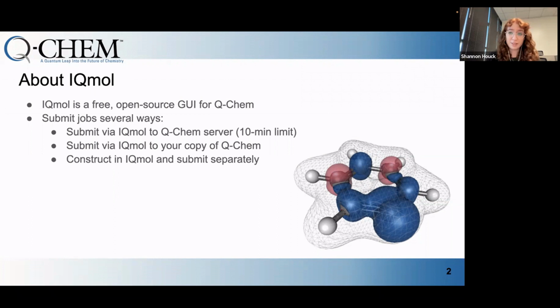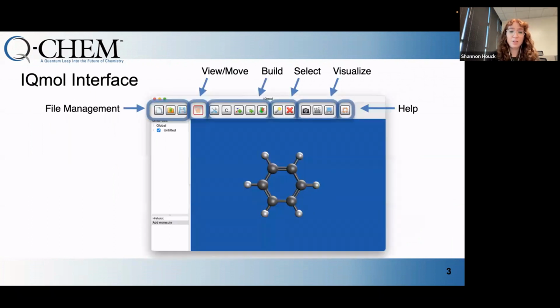So, a little introduction to what the IQmol interface looks like once you open it up. You've got your file management tools first, which allow you to create new molecules, open molecules that you've created previously, and save files.